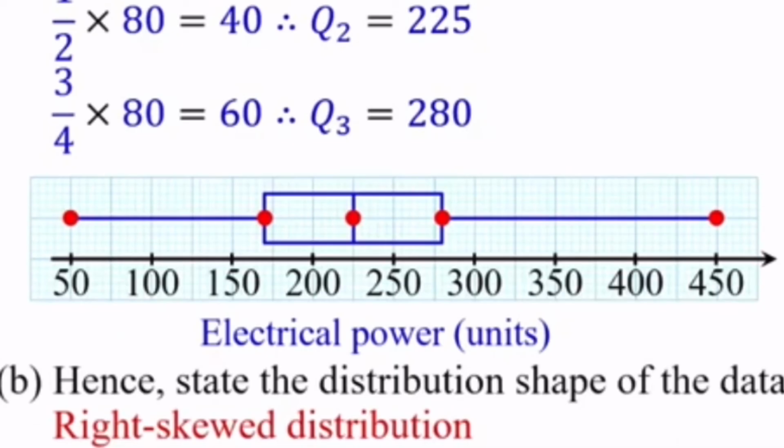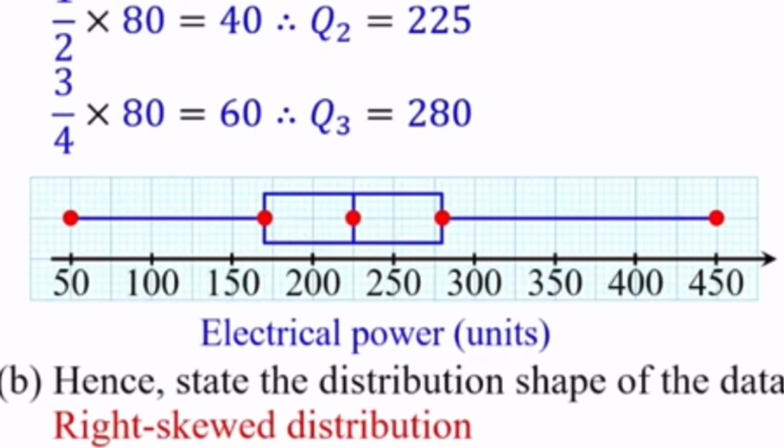Alright, for part B, hence state the distribution shape of the data. So we look at the box plot. The line to the left is shorter compared to the horizontal line to the right, meaning that the line connecting minimum value to first quartile is at the left, which is shorter compared to the line connecting the third quartile to the maximum value, which is longer.